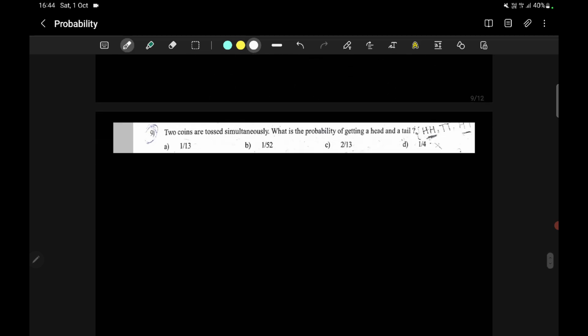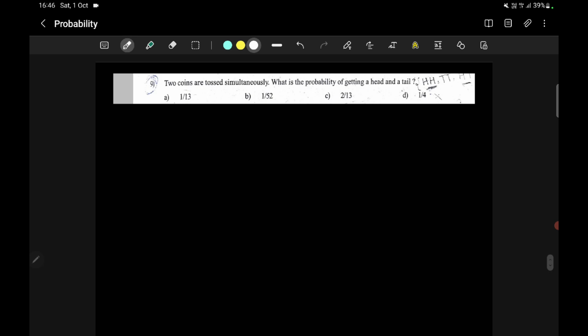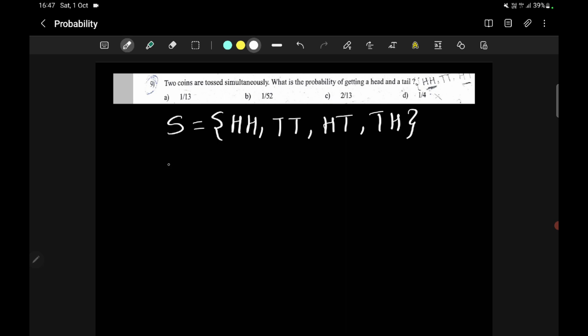Let's move on to the next question. So the next question is, 2 coins are tossed simultaneously. What is the probability of getting a head and a tail? If you toss 2 coins simultaneously, you will get a sample space as both head, or both tail, or one head and one tail, or one tail and one head. So number of sample space is equal to 4.